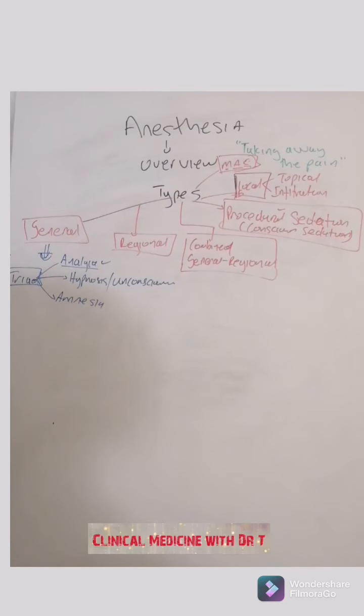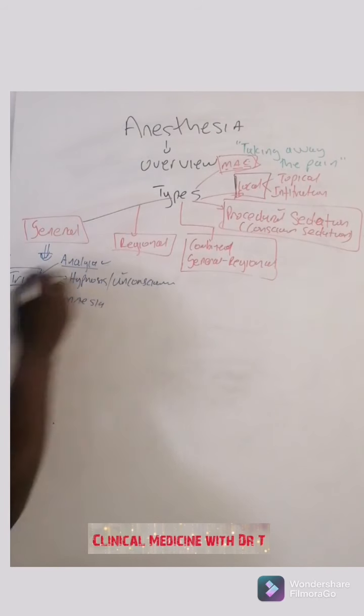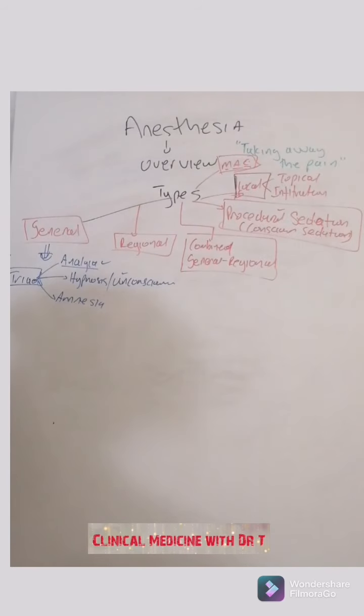It doesn't have to be surgical, as long as it's a painful procedure. And then you must make them unconscious in general anesthesia, or you must hypnotize them. And you must make sure that they don't remember the procedure, which is amnesia.